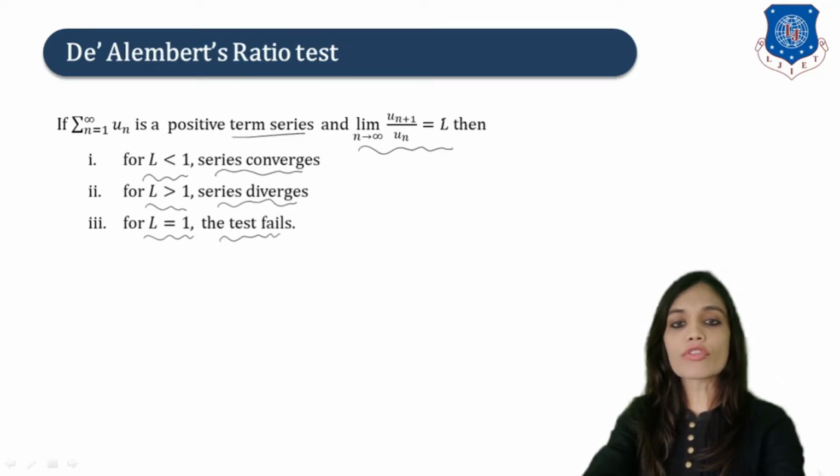Firstly you have to find the limit n tends to infinity un plus 1 upon un and find the value of L. If L is less than 1, then you can write it as a convergent series. Greater than 1, then the series is divergent. And if L is 1, then we have to apply some other test.